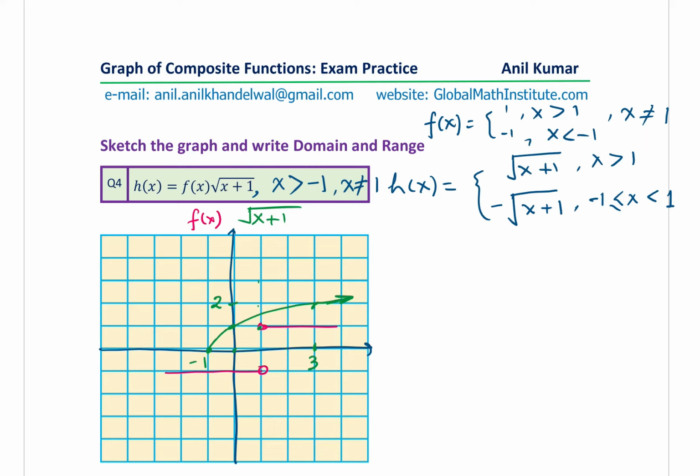So we can sketch both the graphs on the graph paper, and now it is a good idea to sketch the graph of h of x. So let's sketch the graph of h of x. Okay. So as far as the portion of the graph is concerned, which is beyond this point, we have to make a hole here and continue with the same graph.